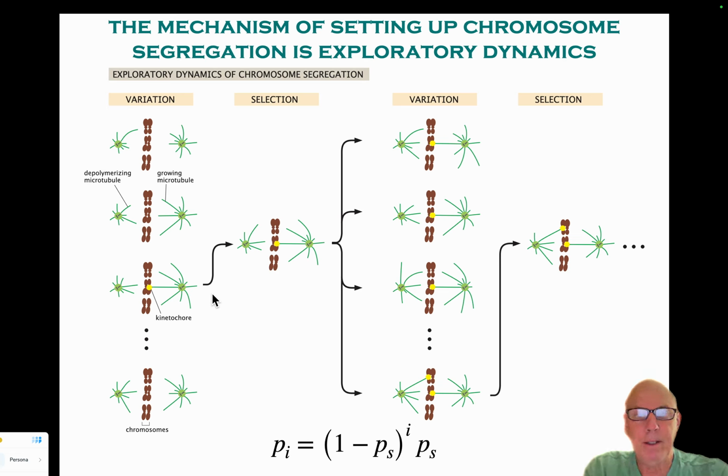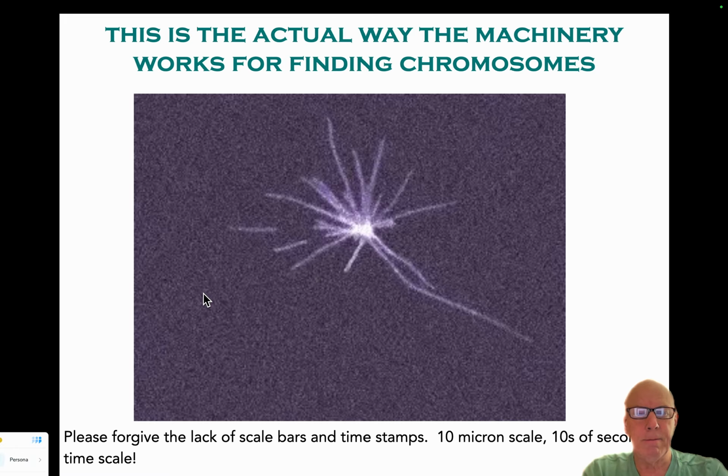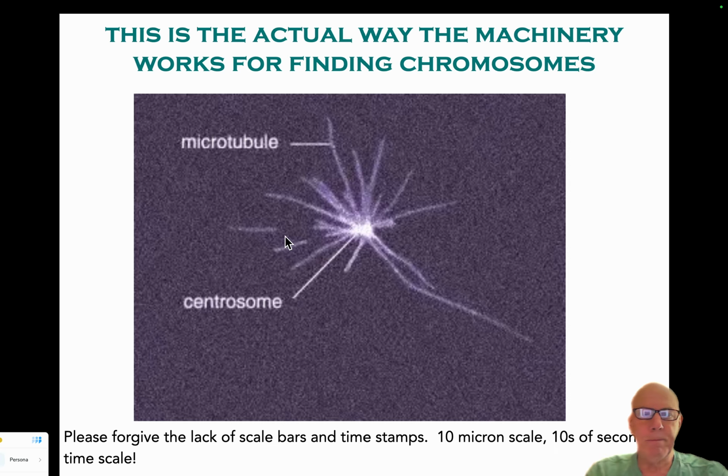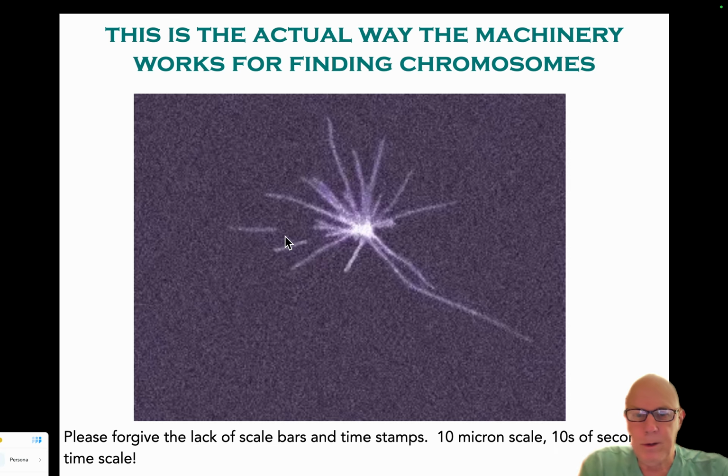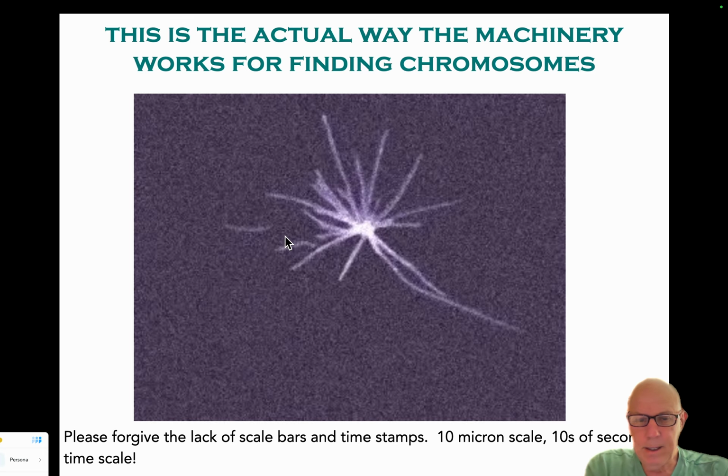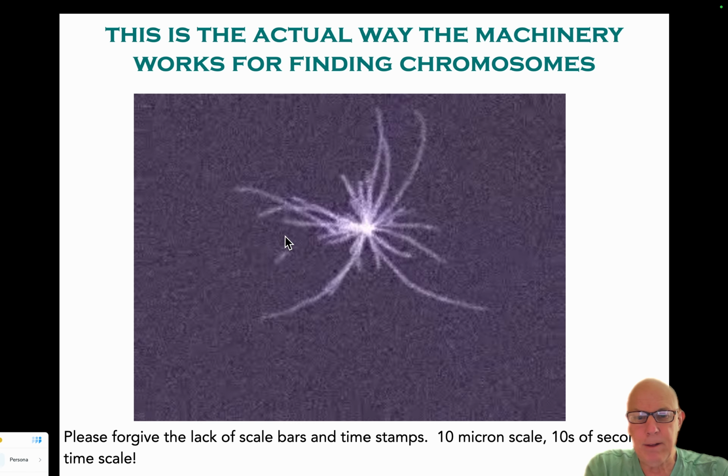For my purposes, what I want to get across here is that we're going to invoke the mathematics that we wrote last time, which is the mathematics of the geometric distribution, in order to try and evaluate the time evolution of this particular exploratory process. So before moving on, I just want to persuade you that if you were to watch microtubules, what you would see is this so-called dynamic instability.